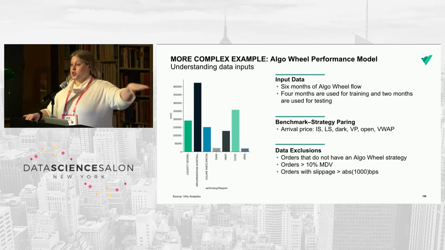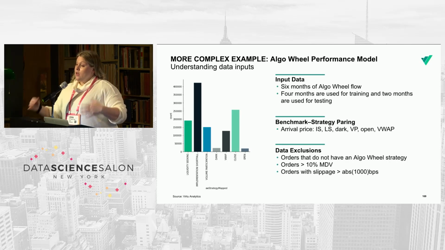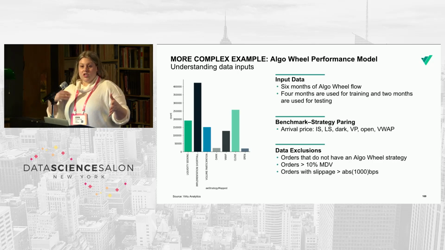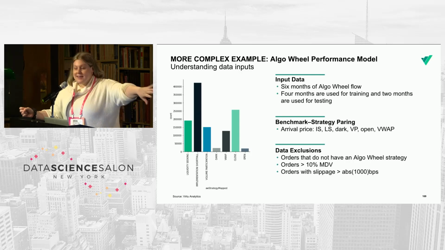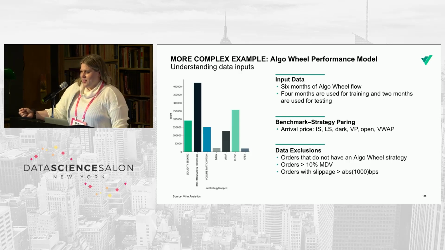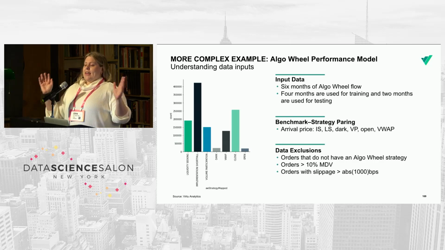This is an arbitrary threshold. It could have been orders greater than 12% MDV, orders greater than 8% MDV. This is the call that we made based on our experience and by looking at the distribution of the data, but we're putting it out there. We're putting it out there for people to challenge and say, why 10%? That feels too small, or holy cow, that's too big.